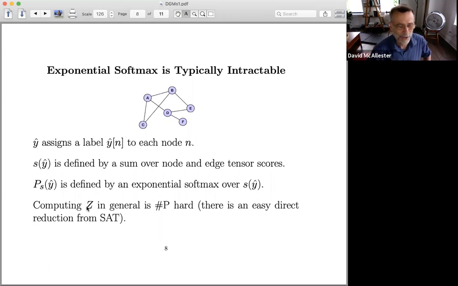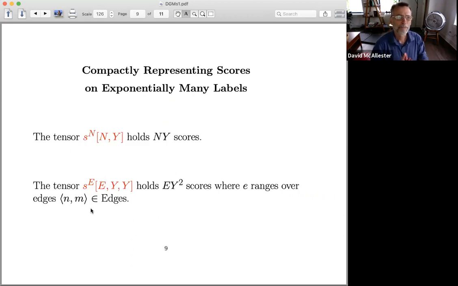There's an easy reduction from Boolean satisfiability, where Z is just the number of satisfying assignments. That's the primordial hard counting problem, counting the number of satisfying assignments to a SAT problem.